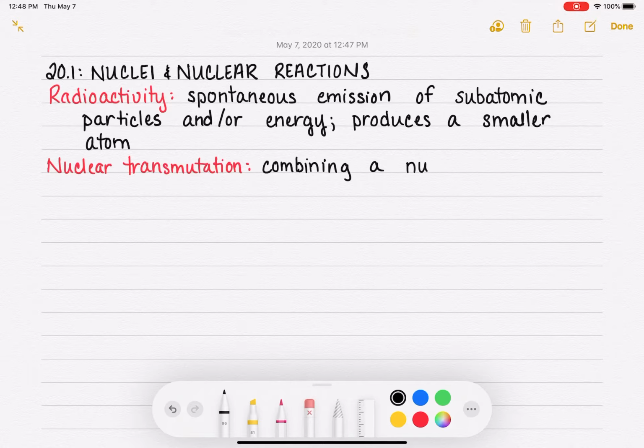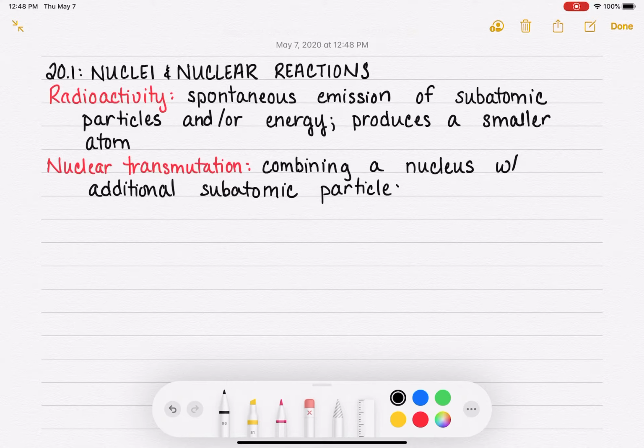We'll just say a nucleus, because that's where the reaction is really taking place. Combining a nucleus with additional subatomic particles, like more protons or more neutrons or both. And this is done to produce a larger atom.